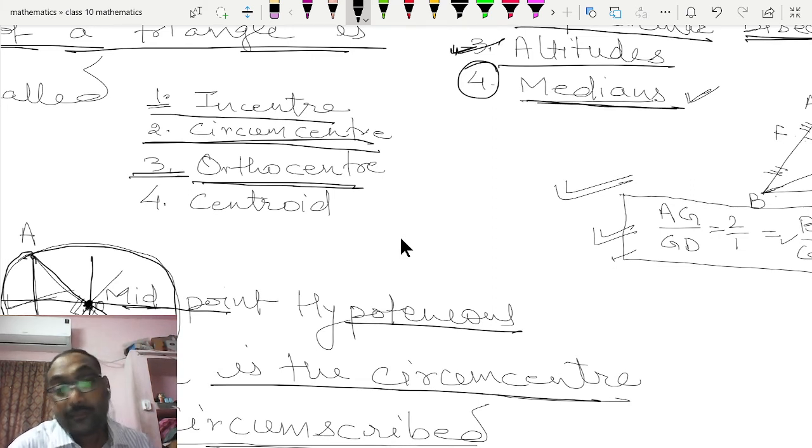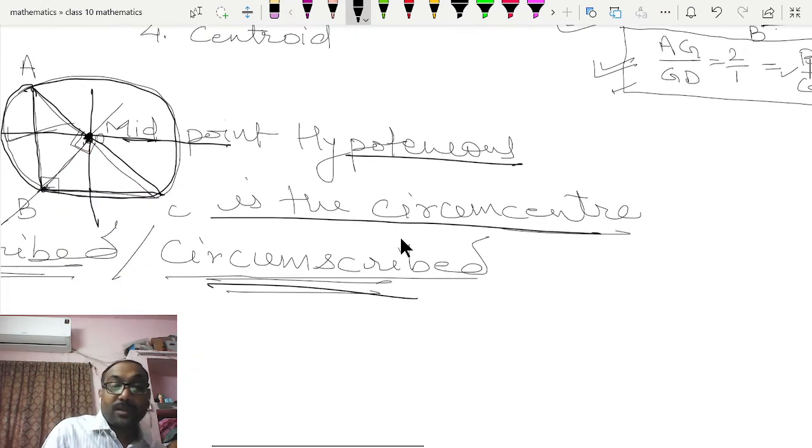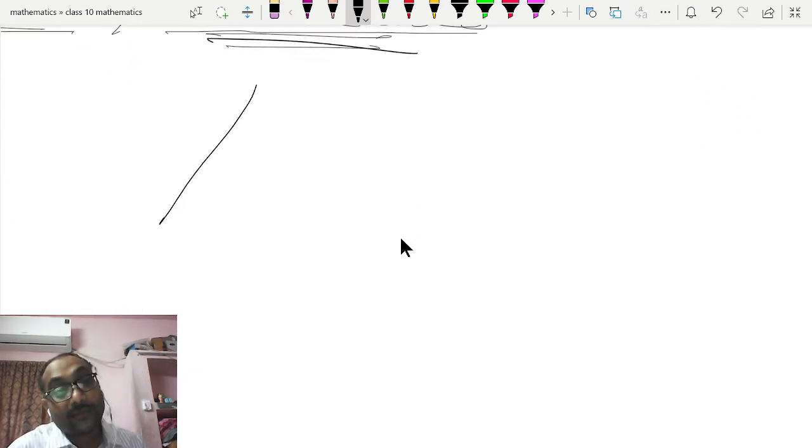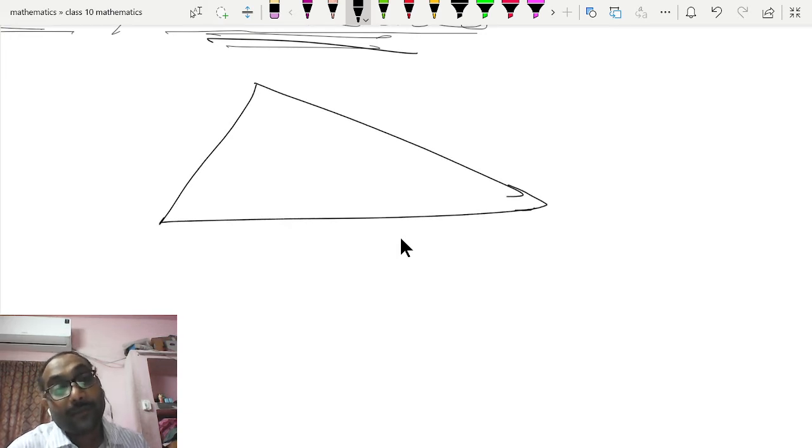In the same way, we can talk about medians. Okay, what is a median? A median is the line joining a vertex and the midpoint of the opposite side. See, suppose this is a triangle PQR. If you join the midpoint S of QR to point P, then PS is called a median of this triangle.